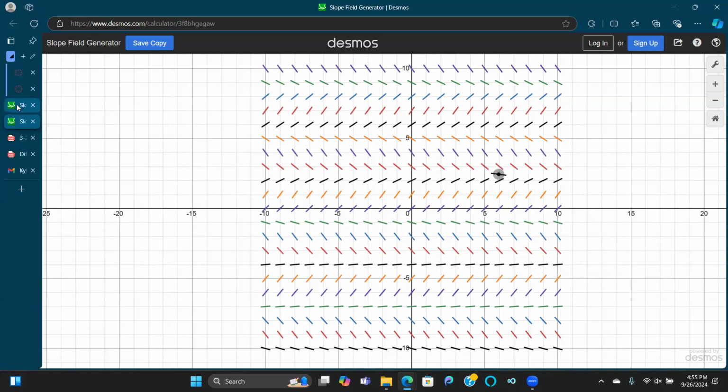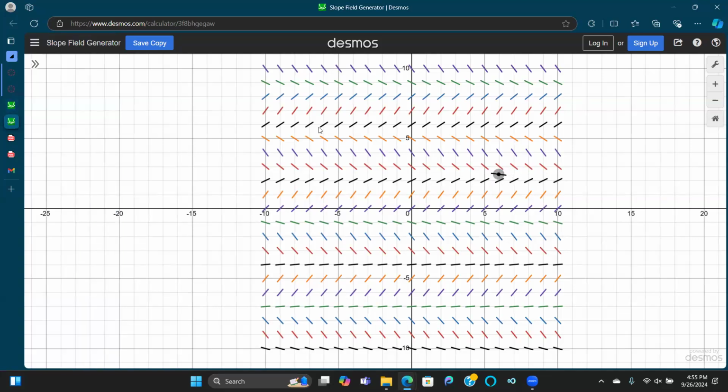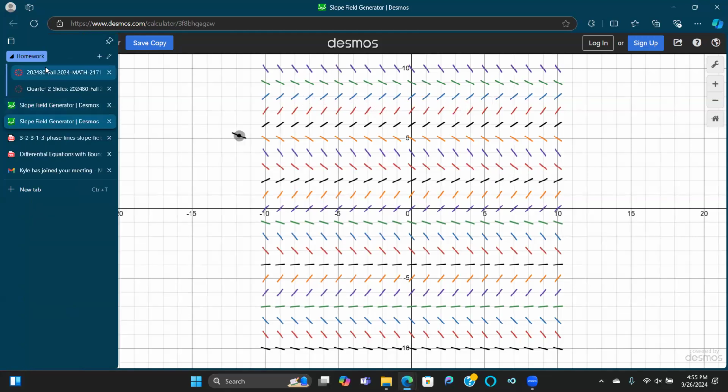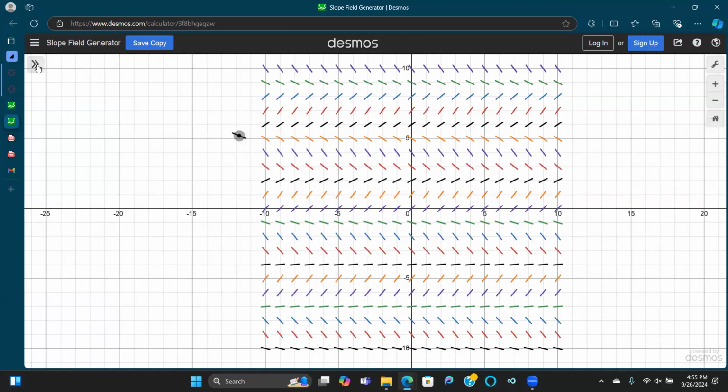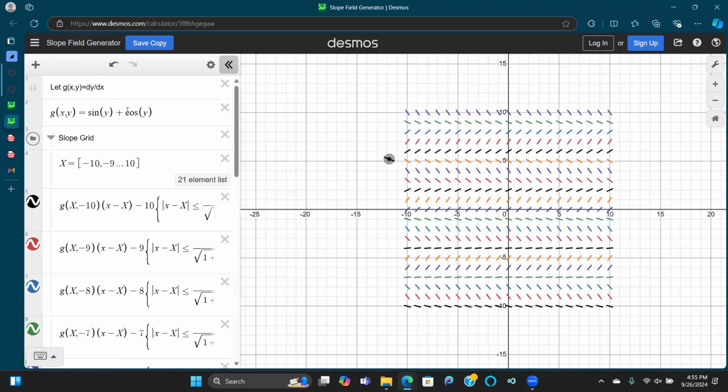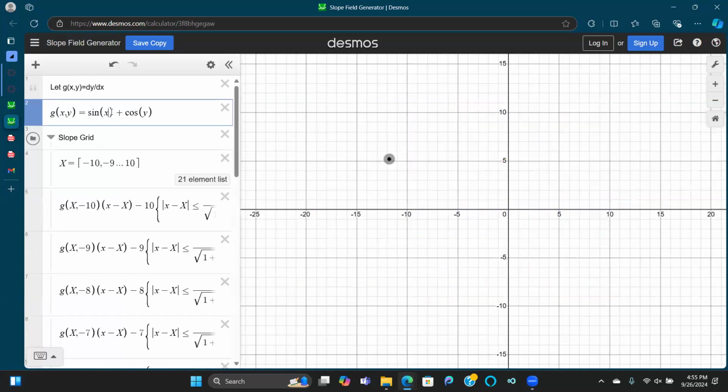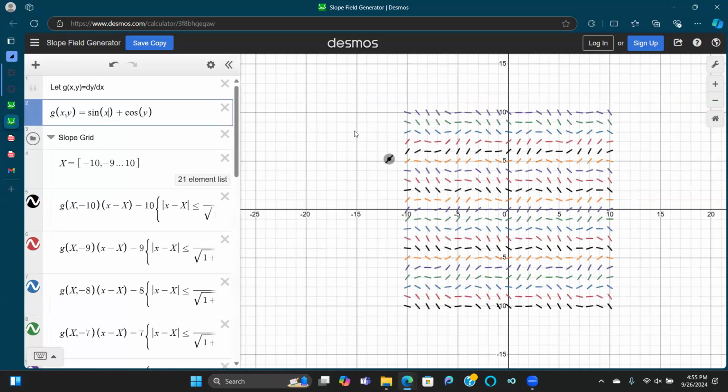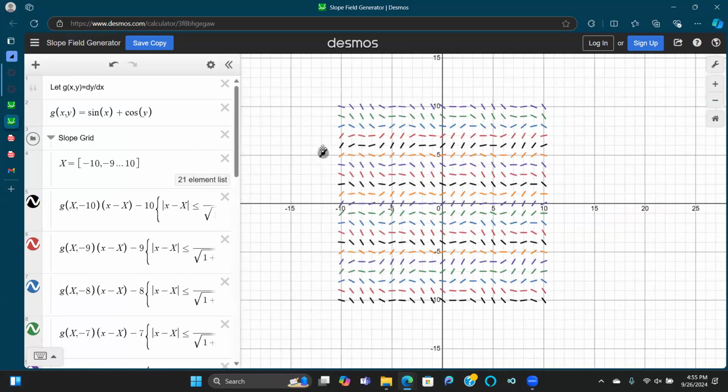Okay. And so what happens for an autonomous DE is that you will have these rows where all of the slopes are exactly the same. What happens for a non-autonomous DE, if I change the formula I had over here, let's say maybe now we have sine of x instead of sine of y, now the rows don't look the same, right?